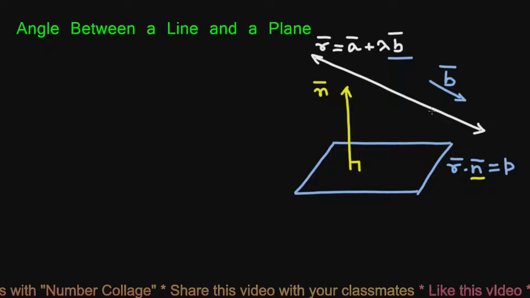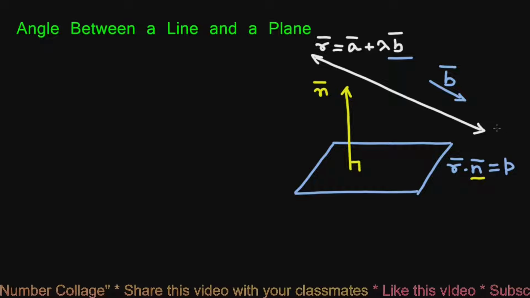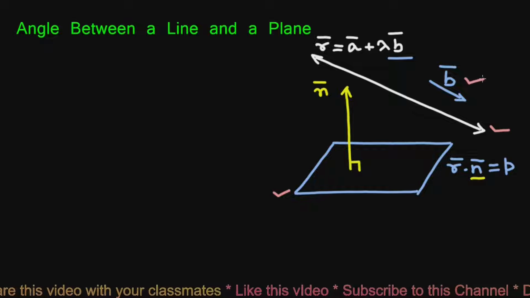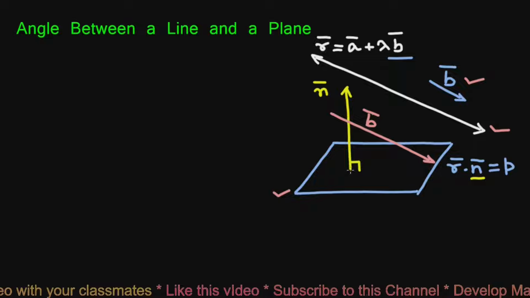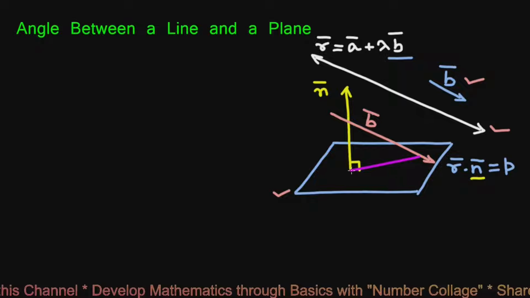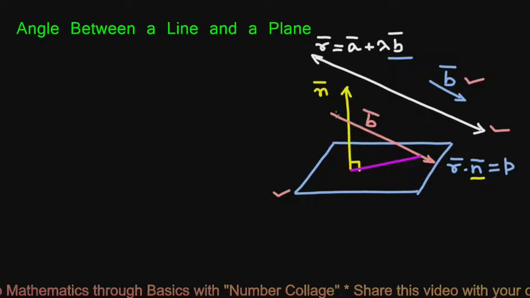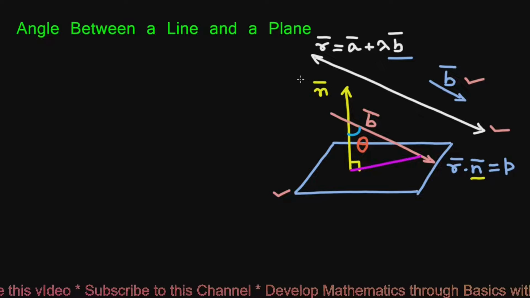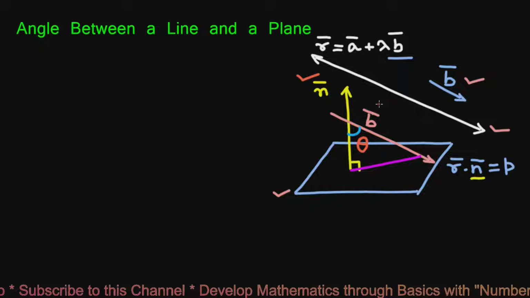In order to find the angle between this line and this plane, we will draw this vector b bar like this. If we join the foot of this perpendicular along this plane to this vector b bar, then this will be the angle theta between normal vector n bar and b bar.